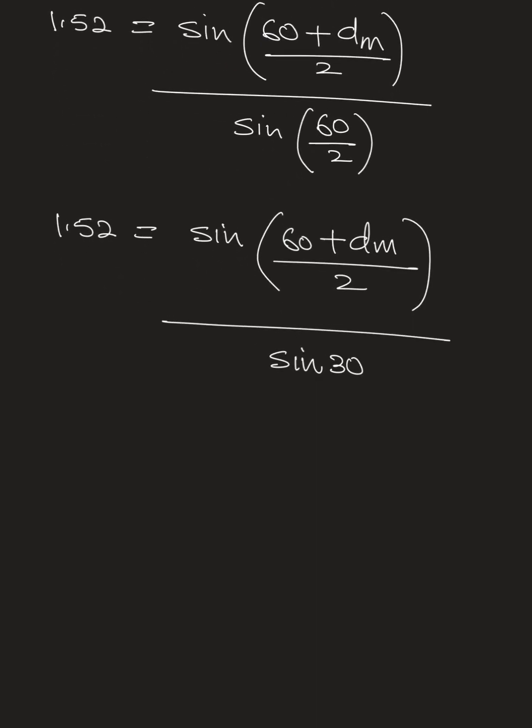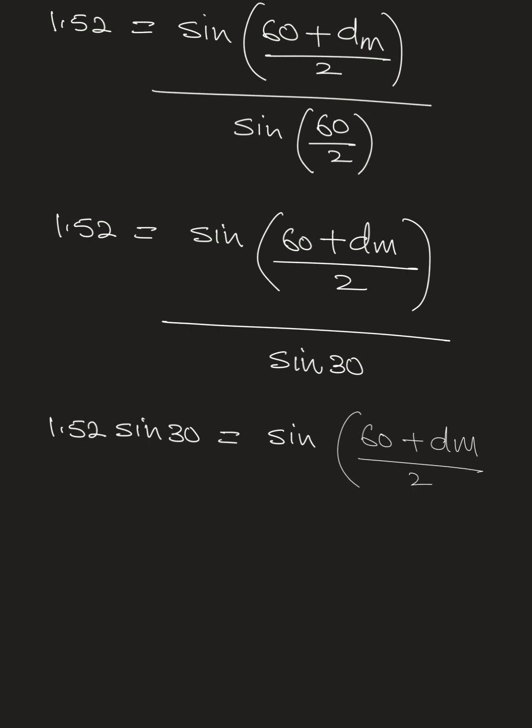So if I cross multiply, I will have 1.52 sine 30 is equal to sine 60 plus dm all over 2. 1.52 sine 30 is 0.76.